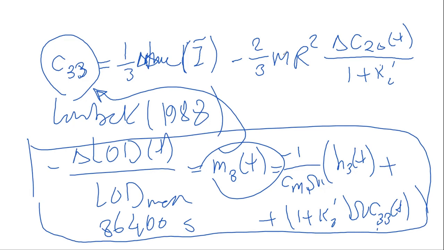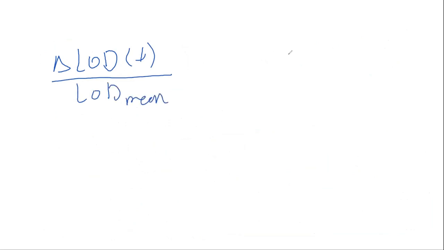So if I simplify this a little bit further, I will come to this equation: length of day T divided by the mean length of day equals 1 plus K2 C33 over Cm omega.